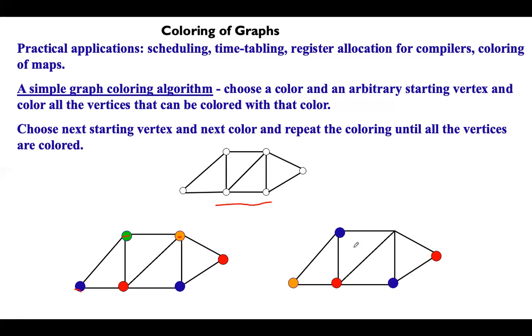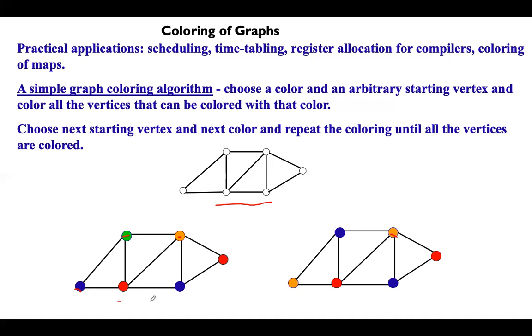See, blue, and you can assign blue here. These two are not adjacent. This blue and this blue are not adjacent. Now here I can assign orange. Is it clear? These two colors are not adjacent, blue are not adjacent, and red is not adjacent.